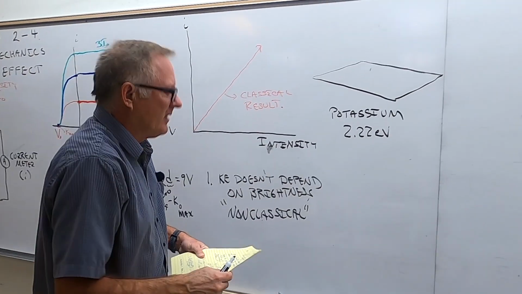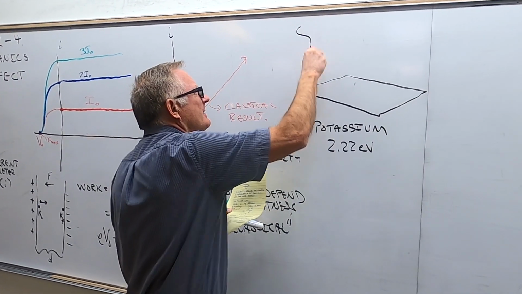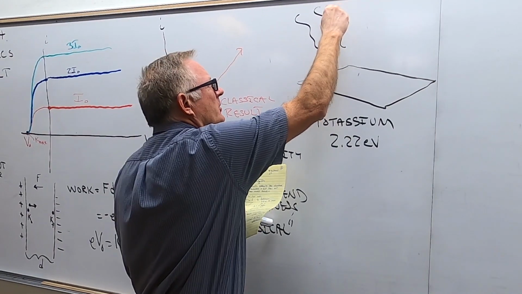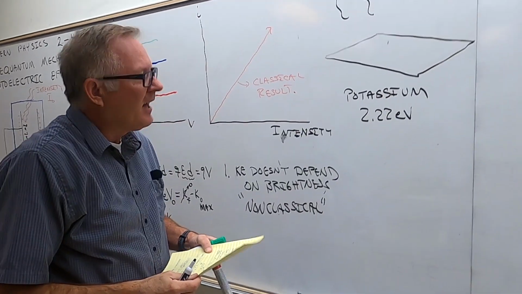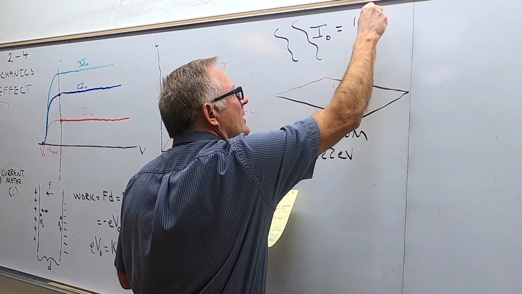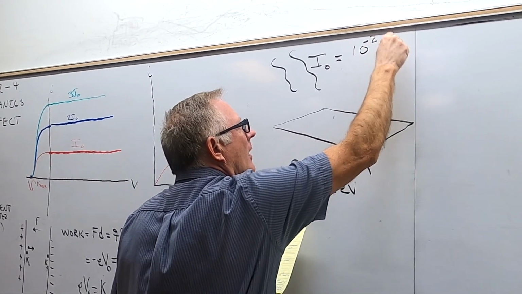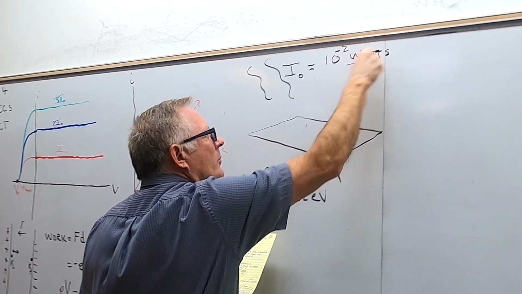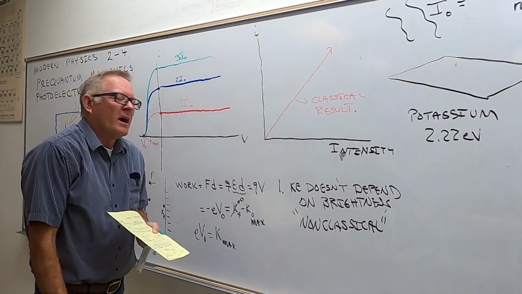So I need to make sure it has that much. I also know that when we put a real weak intensity light on it, let's just put some I naught, how about 1/100th of a watt, 10 to the minus 2 watts per square meter. Remember, 1/100th of a watt is pretty dim.